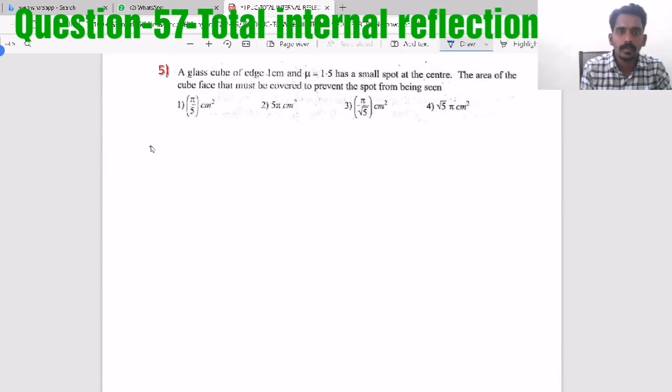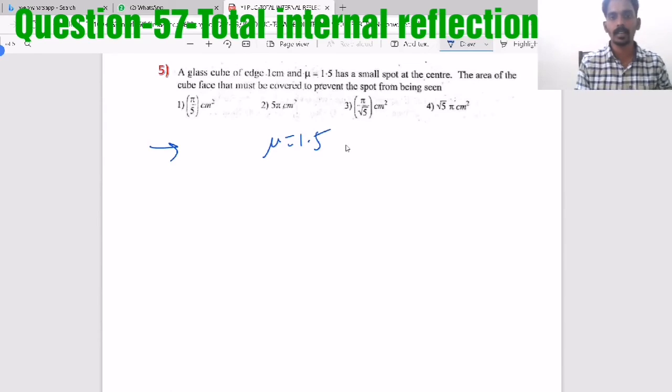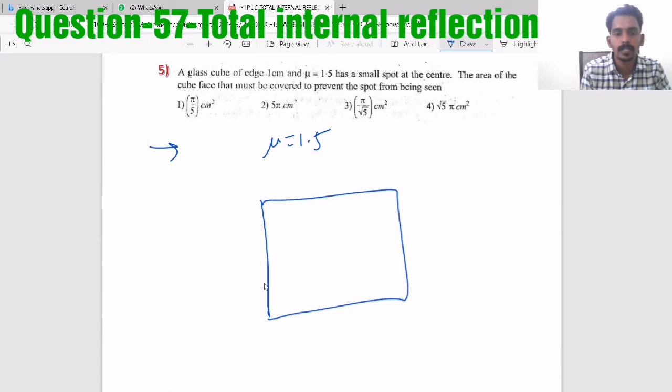Now one last and final question. A glass cube of edge 1 centimeter and mu. So one glass cube and refractive index is 1.5 has a small spot at the center. The area of the cube face that must be covered to prevent the spot from being seen. So now here one glass cube is there, side length 1 centimeter.